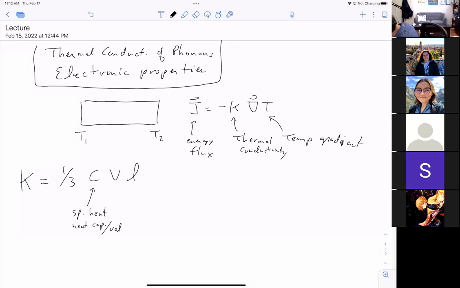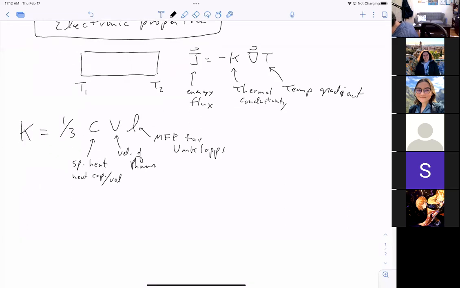And so the V is the velocity of the phonons, and the L is the mean free path. And an important thing to understand is that this is the mean free path for Umklapp scattering.